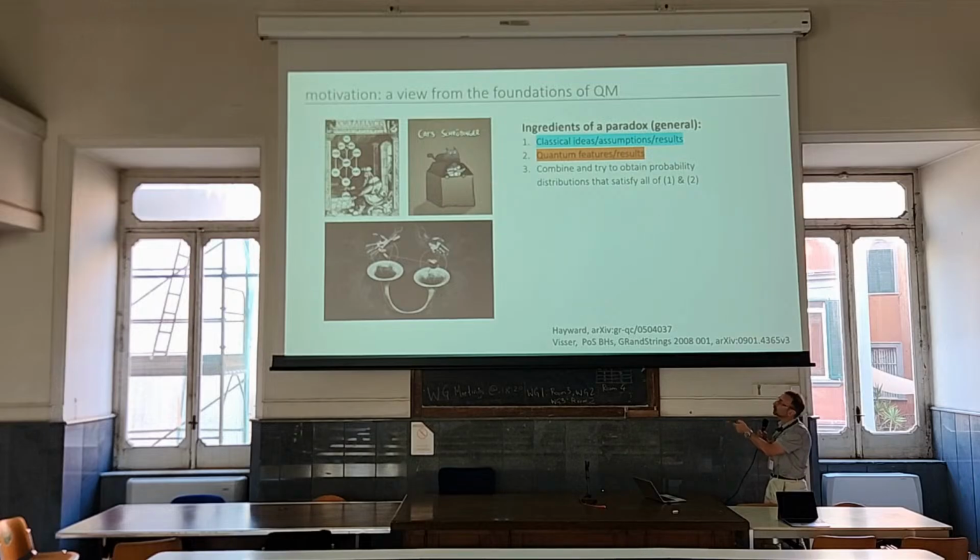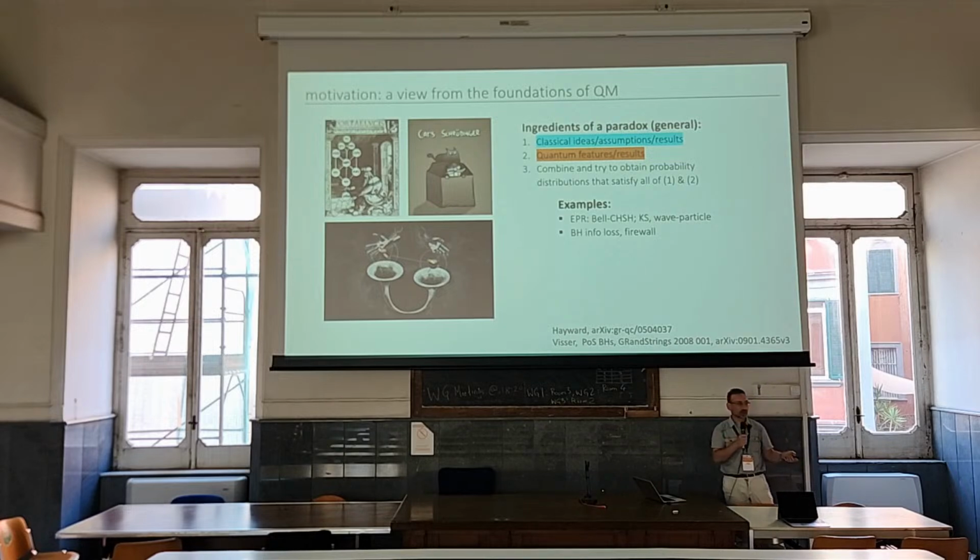And finally, we combine this, shake, mix, and either get the logical contradiction already, or it contradicts the experiment. This is the anatomy of a quantum foundational paradox, and examples, of course, are EPR, Bell-type inequalities, Wigner's friend, or firewall and black hole information loss. We assume reasonable things, get something totally unpalatable, and then have to choose our poison.